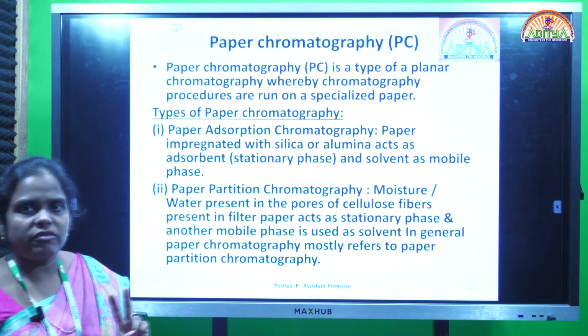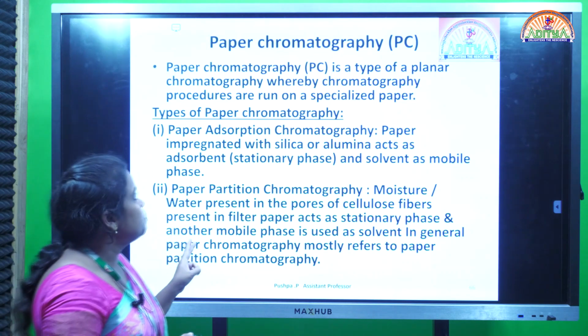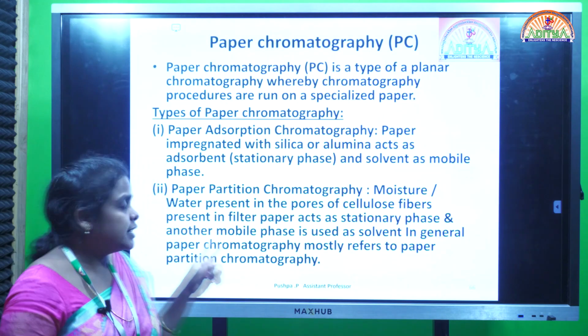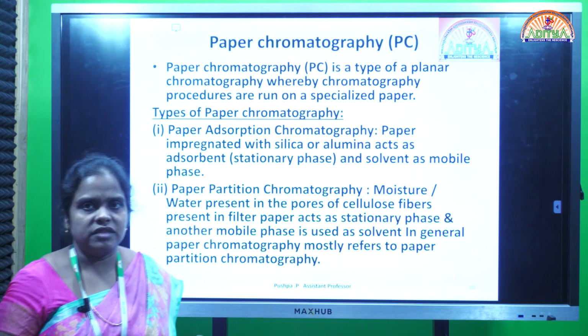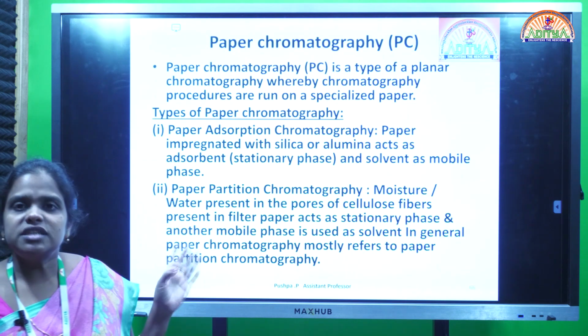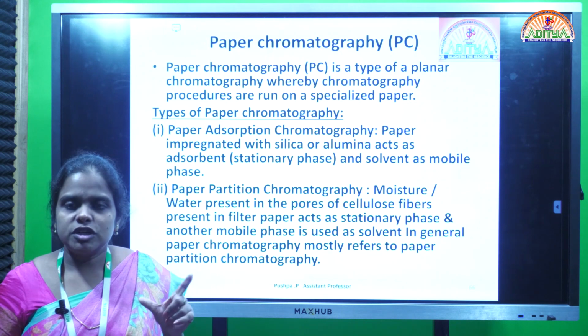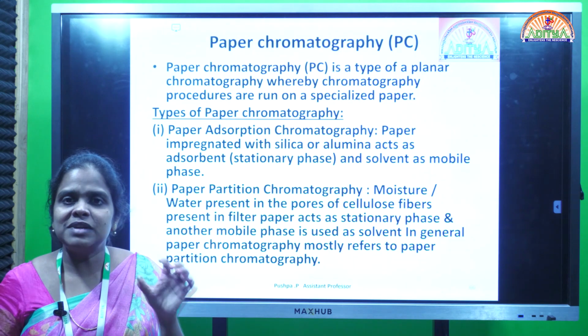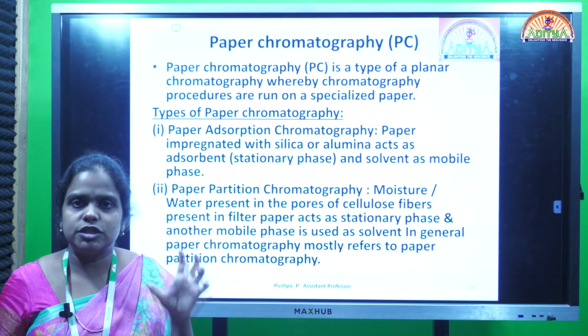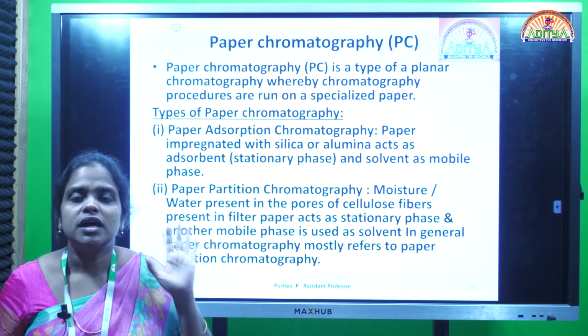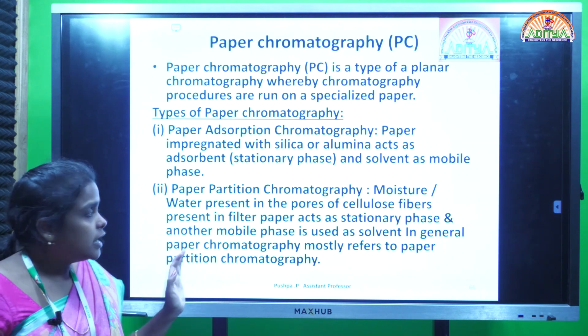And there are two types of paper chromatography. The first one is paper adsorption chromatography, and the next one is paper partition chromatography. The name itself indicates that in paper adsorption chromatography the main principle of separation is adsorption. By means of adsorption the separation takes place.